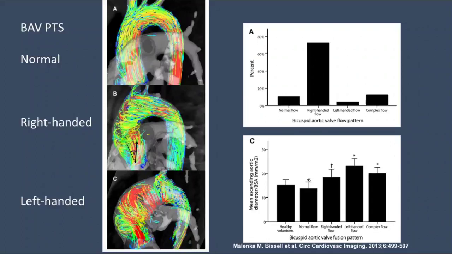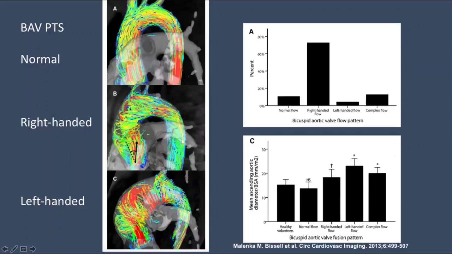And so people started looking at the differential flow patterns in those with bicuspid valves as well as those with a tricuspid valve. And this was a study published in 2013 by Bissell. What these investigators did was just take a group of individuals with BAV and monitor their flow pattern. And what they found was basically 4 different flow patterns. So a group of individuals with BAV had a normal laminar flow pattern.